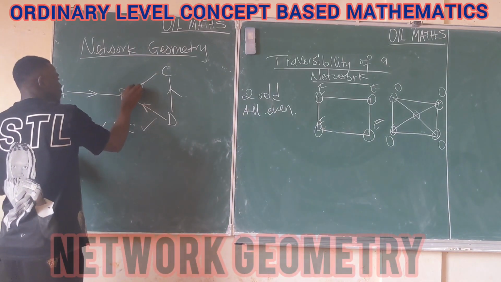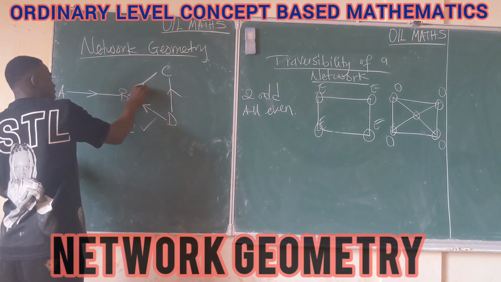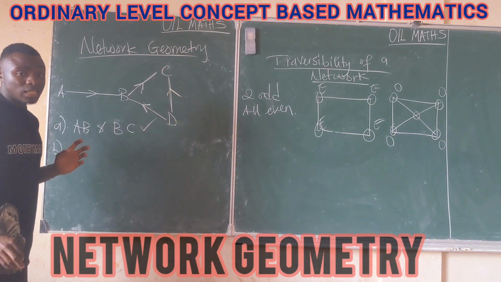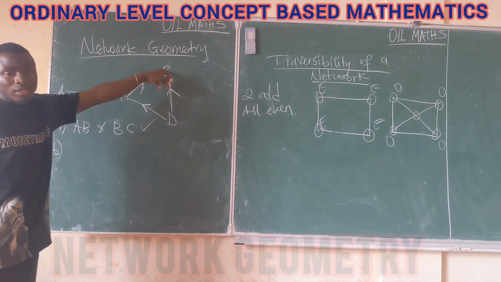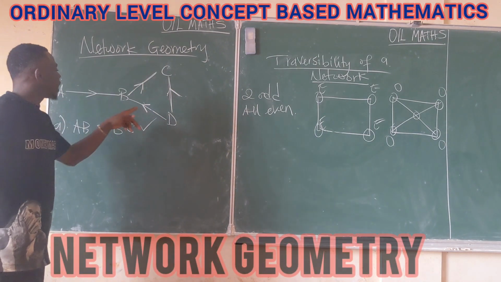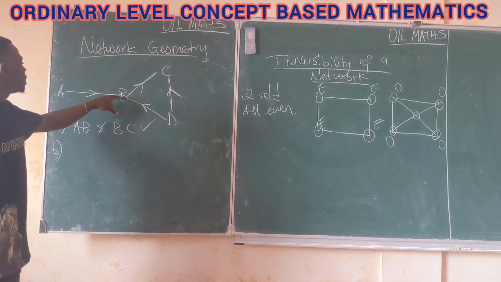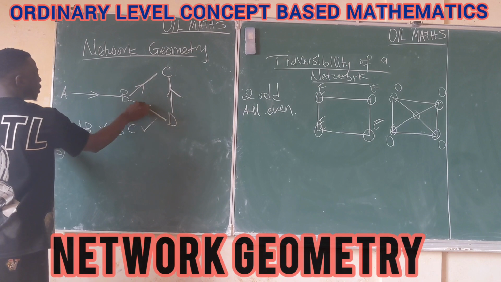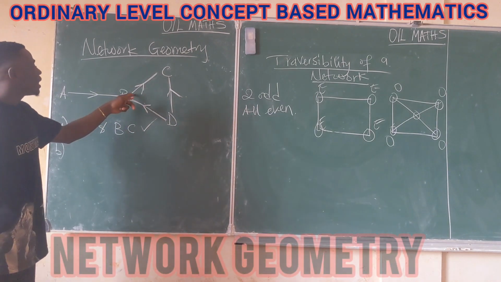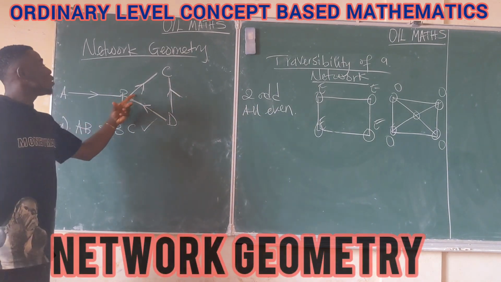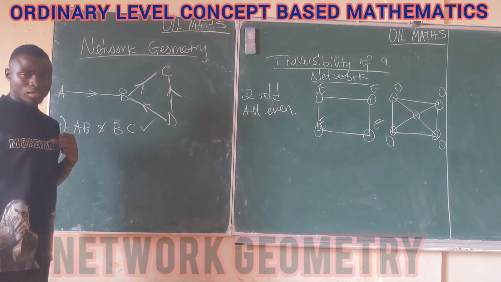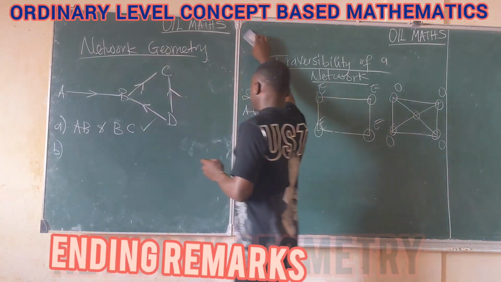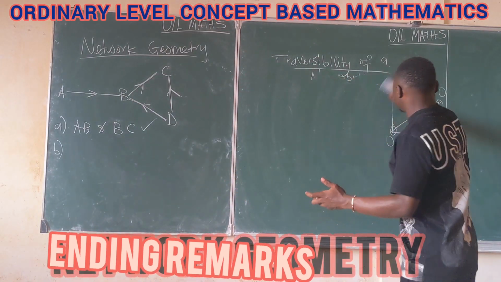So we have this is the first line moving to C, and this is the other line moving to C. So there are two links at this point C. If you look at the point B, we have the first link and we have the second link. Now this other link is undirected because it is moving away from B. So take note.